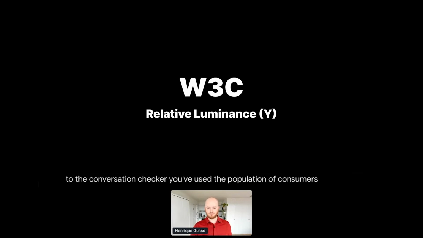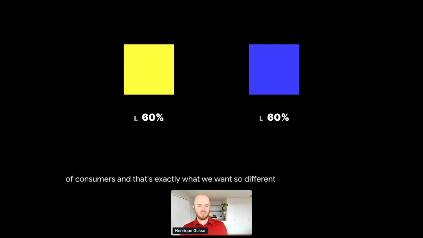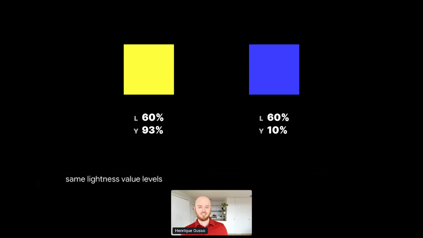And that's exactly what we want. So if you go back to this yellow and blue that we perceive to be so different, and they have the same lightness value in HSL, and we calculate their relative luminance, you can see now that they're on opposite sides of the spectrum, right? Yellow is at 93% and the blue is at 10%.